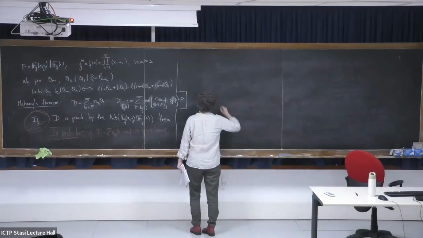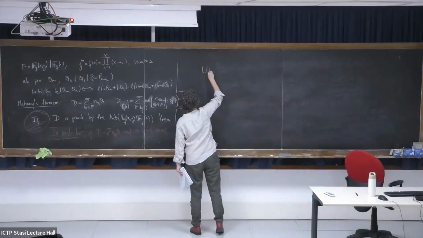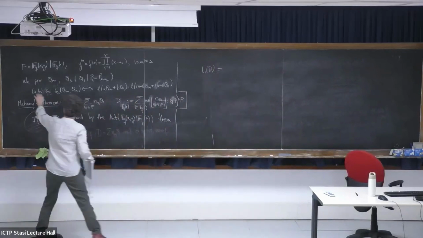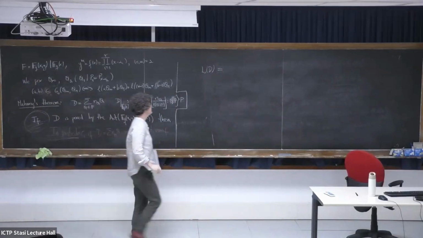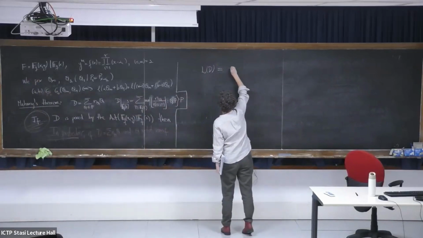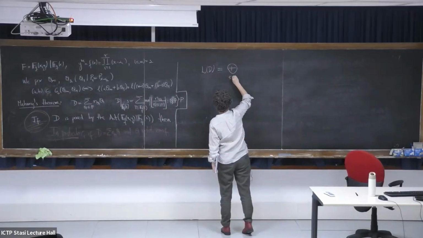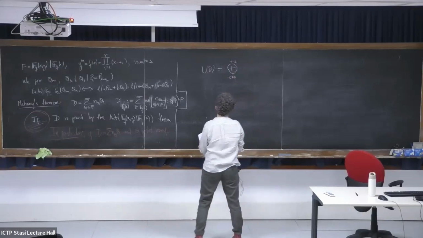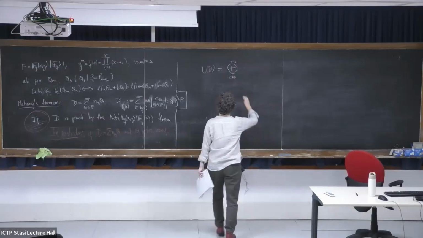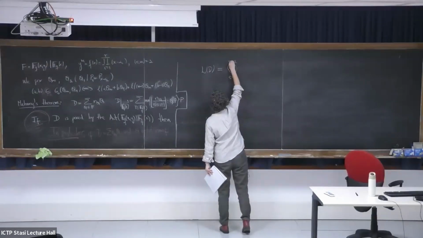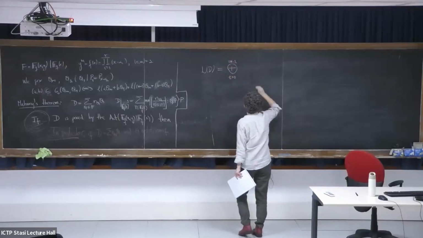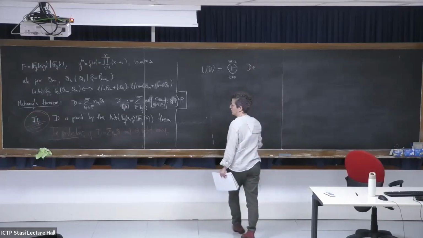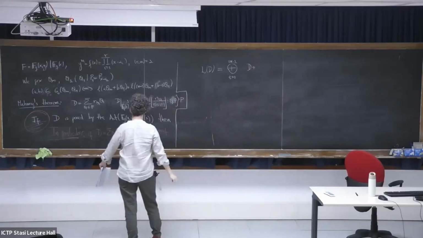Then we know that the Riemann-Roch space L(D) in F is just the direct sum from t equal to 0 to m minus 1 of, you take t plus, so we are in a Kummer extension.